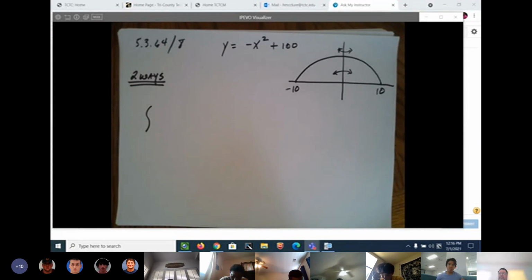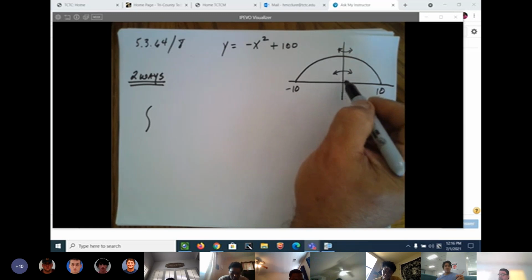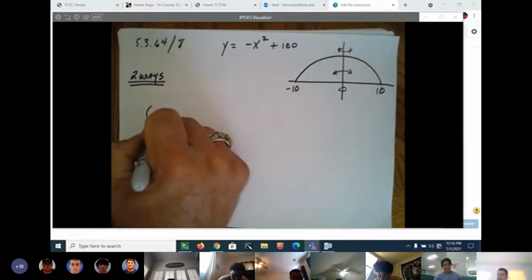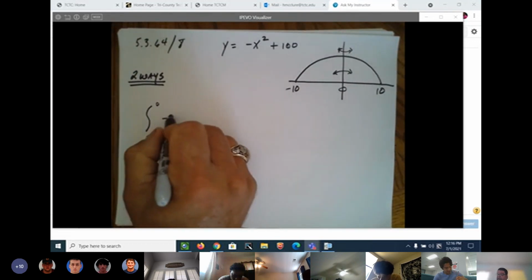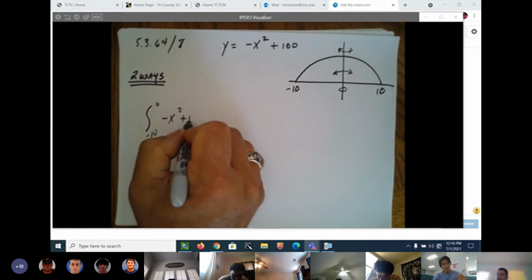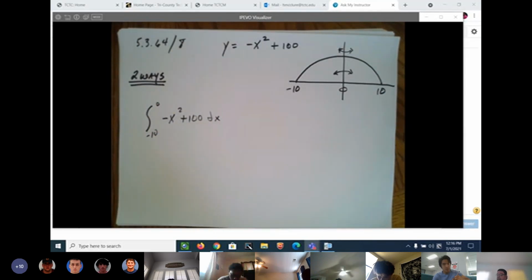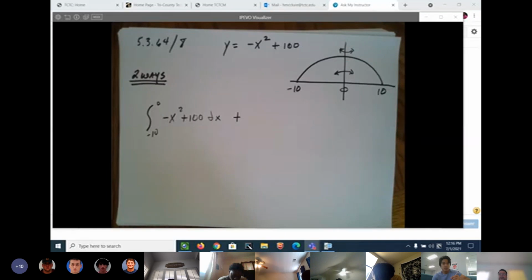Well, which way do we read? Left to right. So the area of the left side is from -10 to 0 of -x squared plus 100 dx, plus, somebody give me the second part.